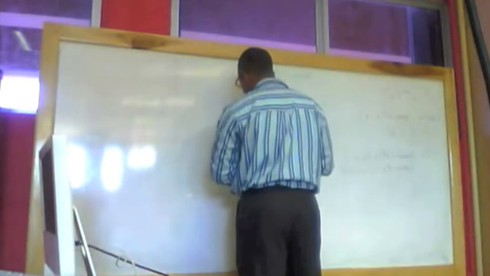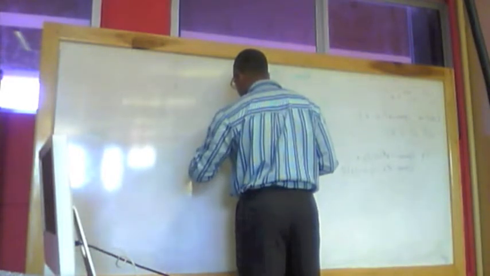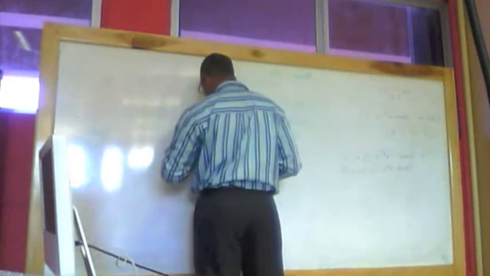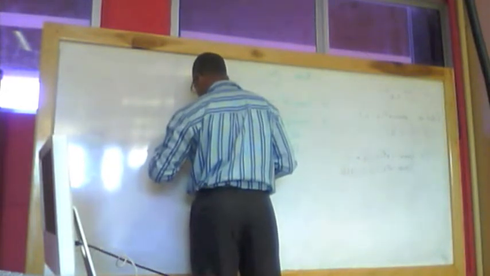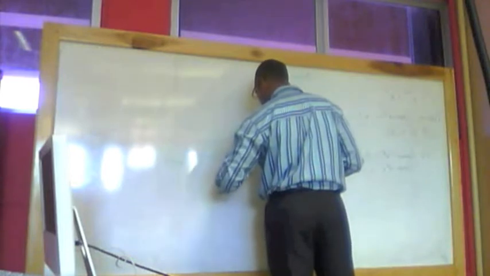So before, plus t of n minus 1, plus t of n minus 1. So we write out our recurrence relation like this.